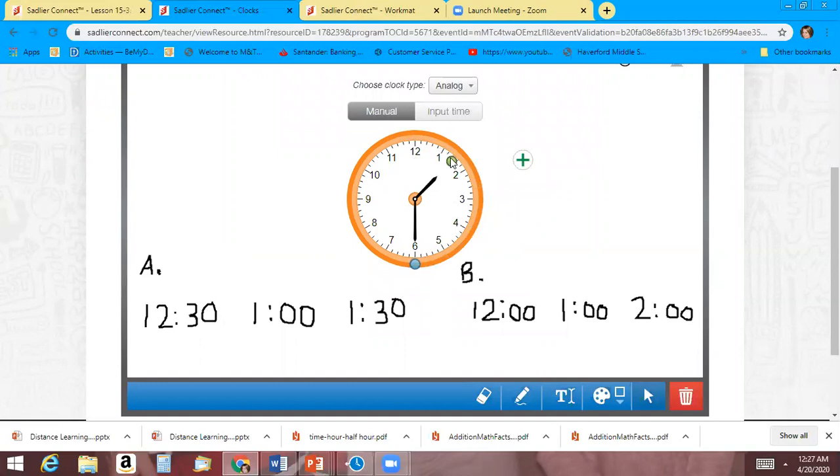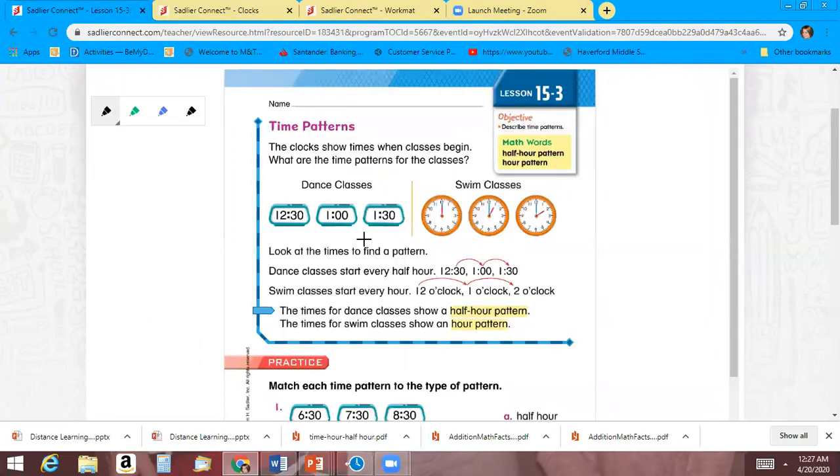I'm moving my minute hand every half an hour. So it's showing a half hour pattern. So when we take a look at our math book, dance classes are starting every half hour, 12:30, 1 o'clock, 1:30, showing a half hour pattern.